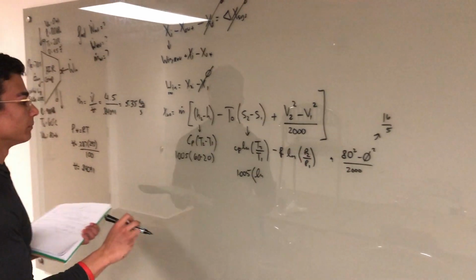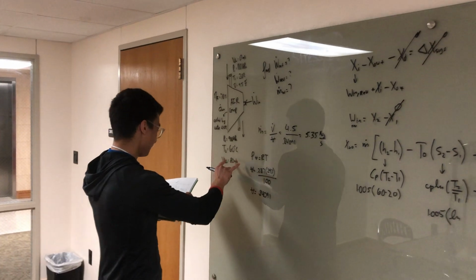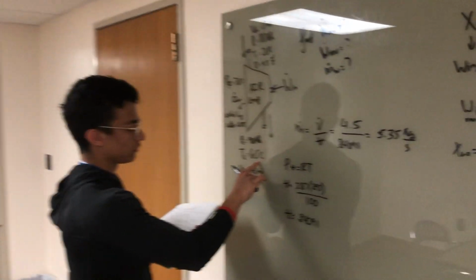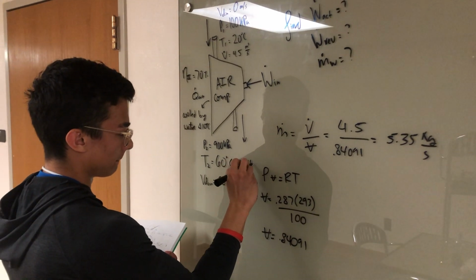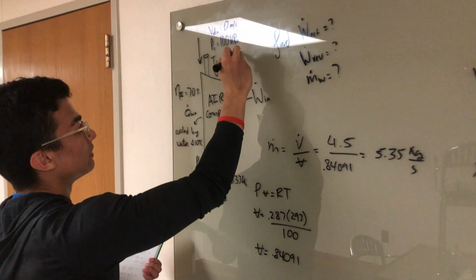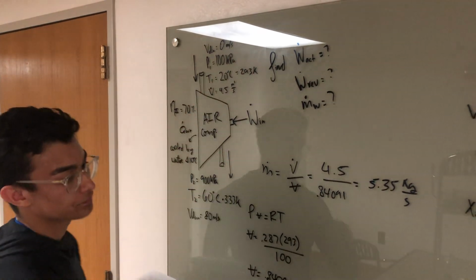Now this is really important: because we're dealing with air, you want it in Kelvin. So the T2 is going to become 333 Kelvin, so let's just write that. And your T1 becomes 293 Kelvin.